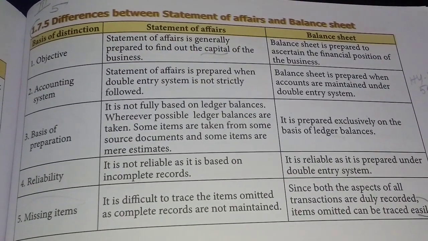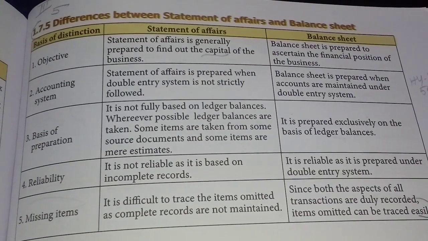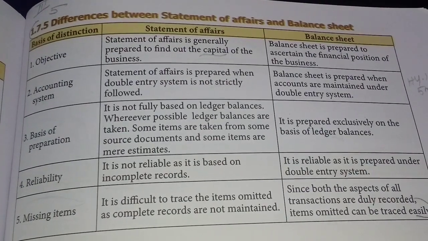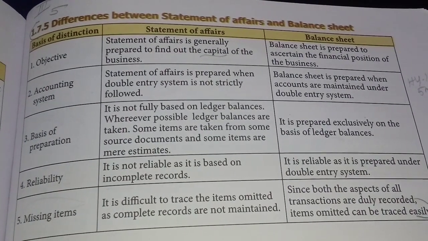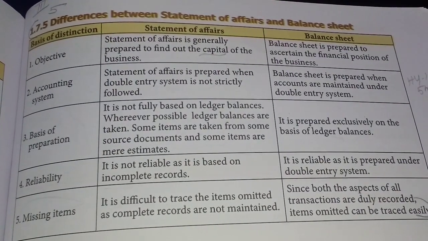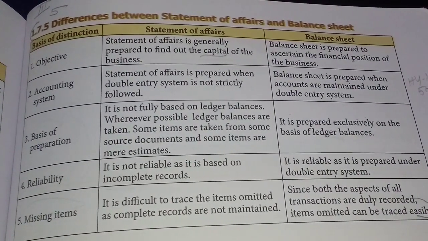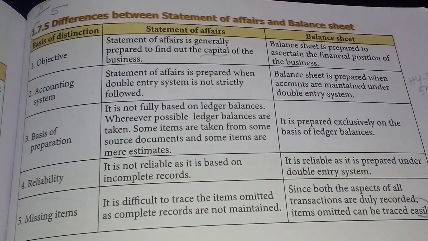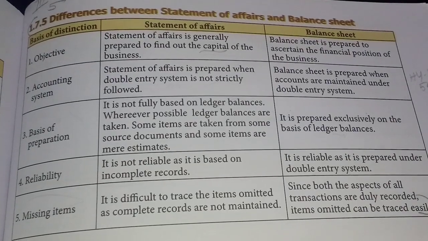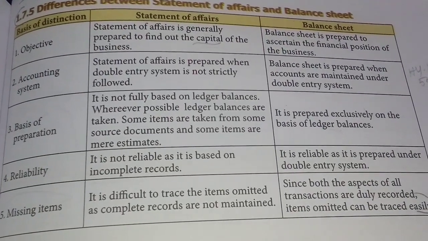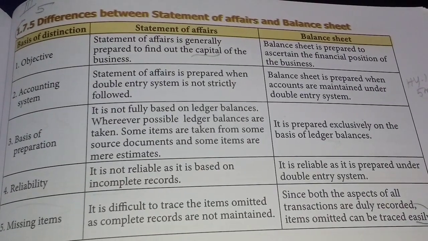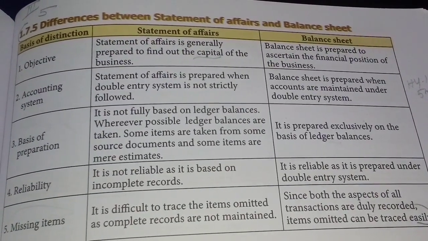The basis of preparation: the statement of affairs is not fully based on ledger balances. Some information we get from source documents, some from our memory, and some from the ledger balances. But in the balance sheet, all the items will be exclusively from the ledger balances.